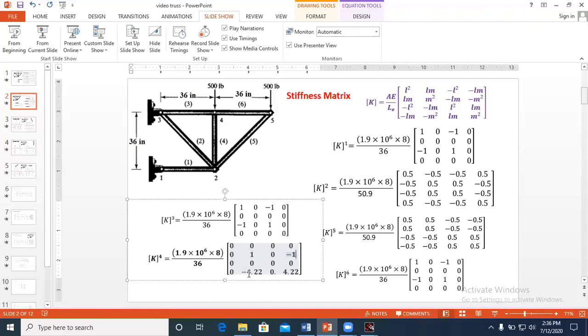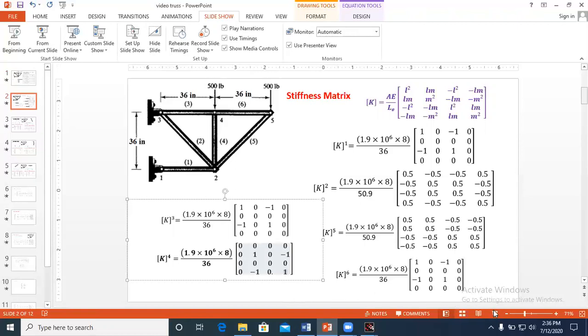Here it is minus 1. And 1. Okay, this is the stiffness matrix for fourth element.